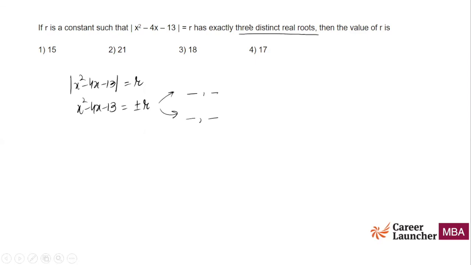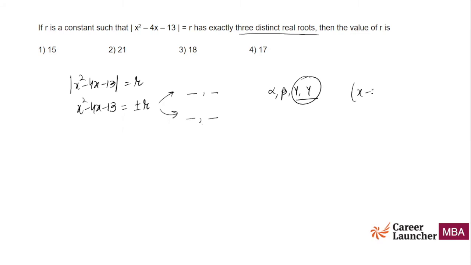But since they're talking about 3 distinct real roots, it means, of course, there is no imaginary root. It means that one root is alpha, another root is beta, third root is gamma, and the 4th root is, let's say, again gamma. So there is going to be a quadratic which will have 2 equal roots. And in what kind of quadratic do we get 2 equal roots? When it's a perfect square, right?